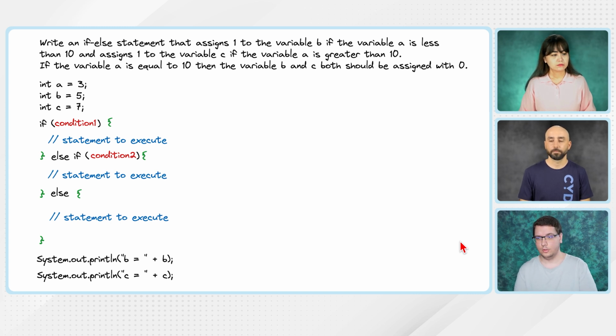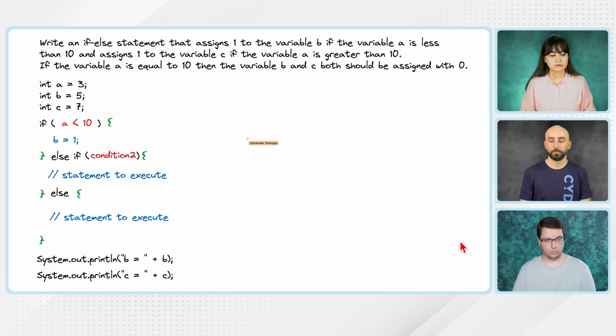So the first one says that we need to assign 1 to the variable b if the variable a is less than 10, right? So the variable a being less than 10 is my condition. So the first condition, let me write it. Here it's going to be a is less than 10. Okay, this is our first condition. And what will happen right now if a is less than 10? Basically, if condition 1 is true, what's going to happen? Let me write this statement here. The question says that I need to assign 1 to b. So b is going to be 1.